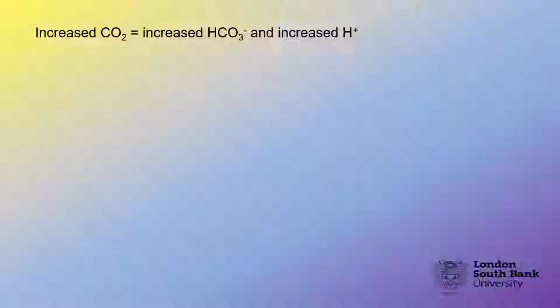So how about acidosis and alkalosis? Well, if we have an increased CO2, we will naturally have an increase in bicarbonate and, more importantly, an increase in protons because they're produced at the time of the conversion to bicarbonate.